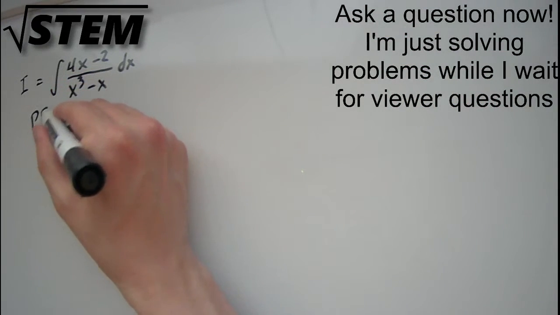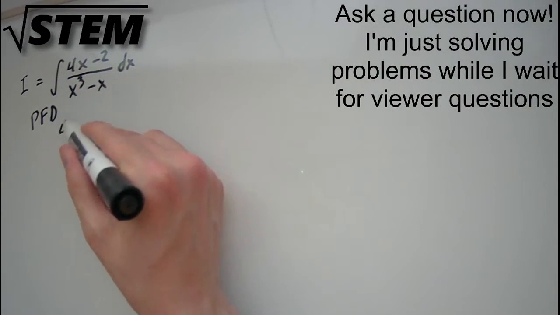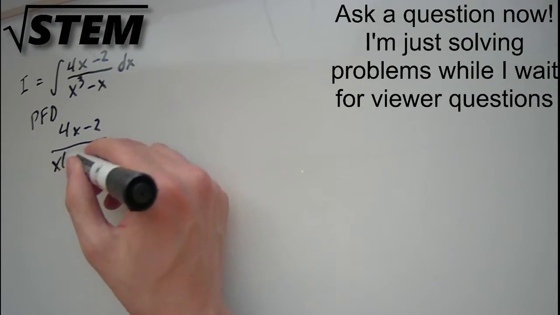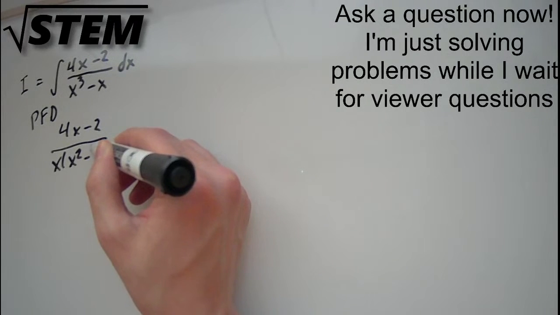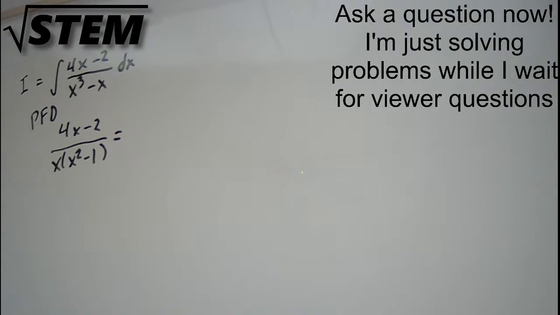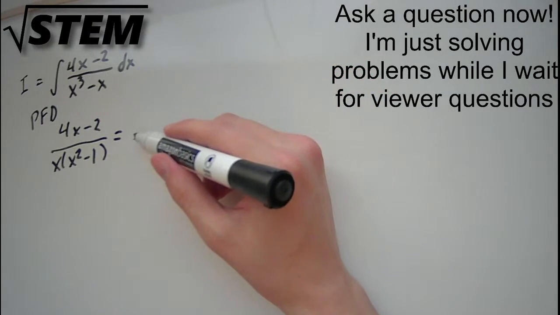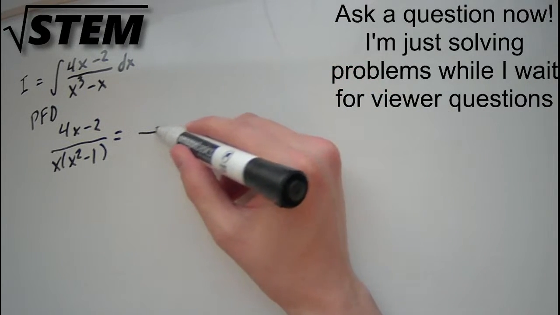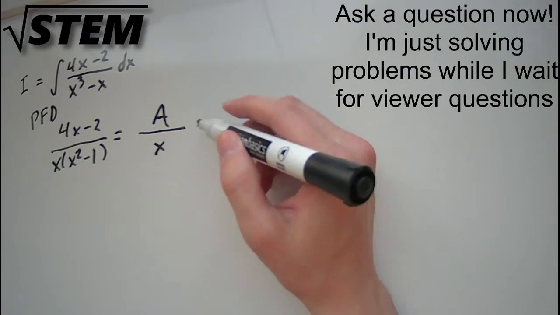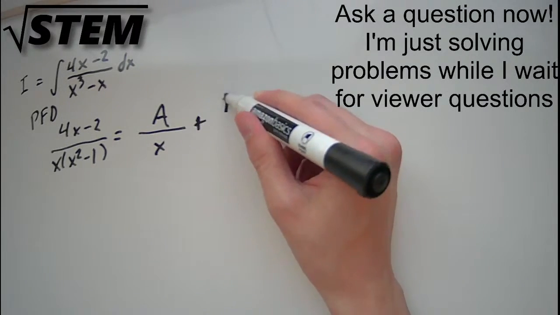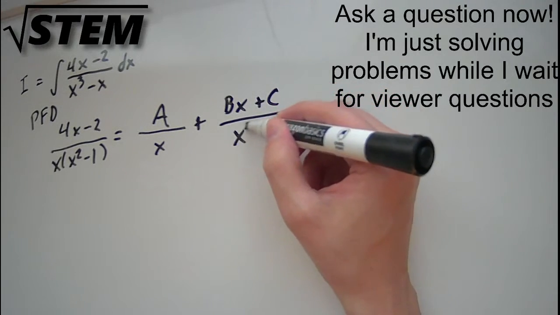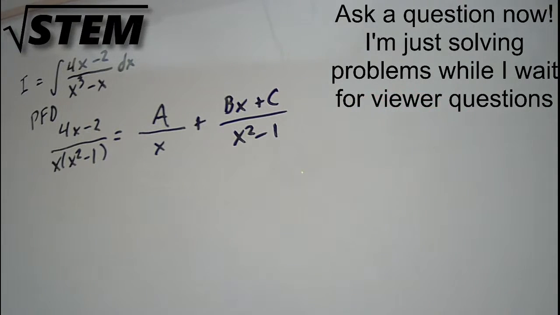So, PFD, 4x minus 2 over x times x squared minus 1 is going to be equal to some number a over x and some bx plus c over x squared minus 1.